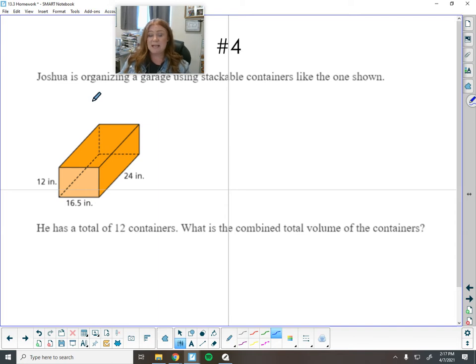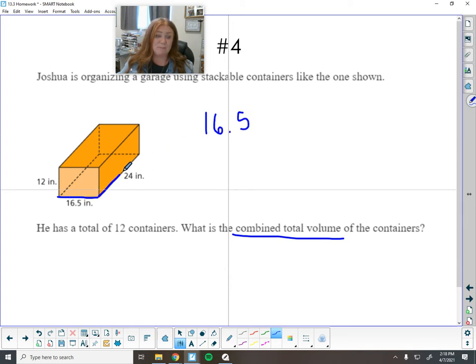Joshua is organizing a garage using stackable containers like the one shown. He has 12 of them. What is the combined total volume of the containers? So we need to find the volume of one of these containers and then multiply that by 12 since he has 12 of those. So we're going to start and find the volume. The length is 16.5.